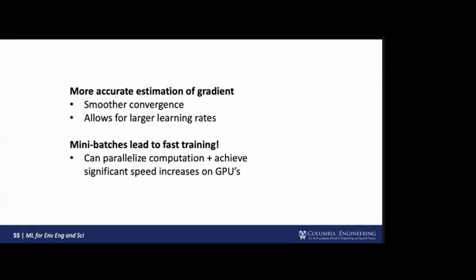This leads to smoother convergence, of course, and allows us to use a larger learning rate safely. At the same time, mini batches are very efficient. They allow us to parallelize computation, especially on GPUs. That's why mini batch training is the standard approach in practice.